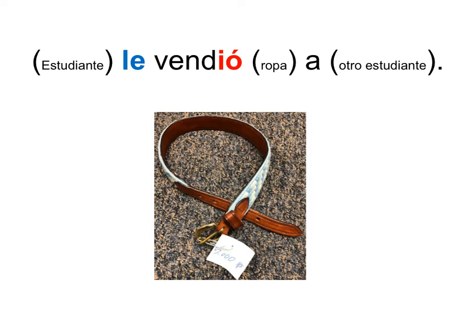Ok, en sus papeles, chicos, ¿qué escribimos? ¿Qué nombre escribimos aquí? Jake. Muy bien, Morgan. Jake le vendió el cinturón a Colin. ¿Por cuánto? 5,000. Gracias, Colin. 5,000 pesos.